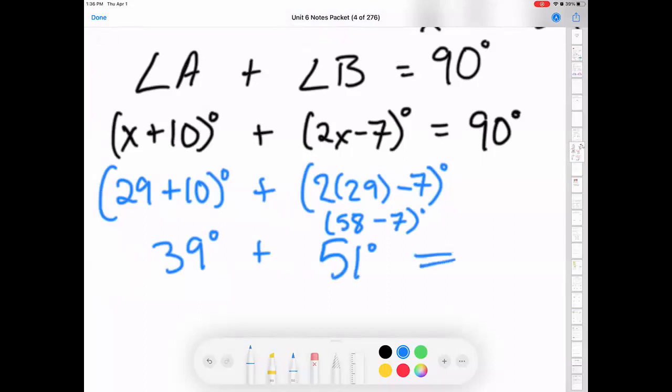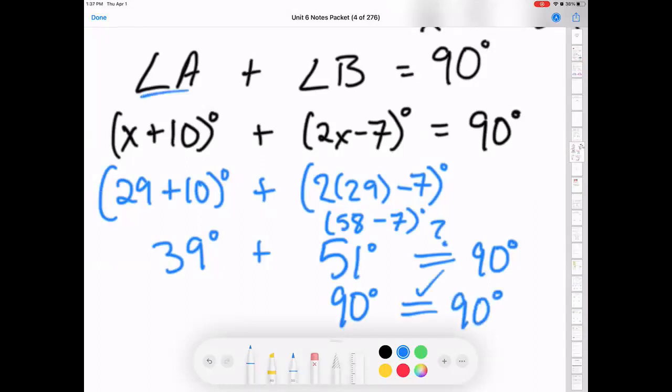The question becomes, does this in total become 90 degrees? Well, 39 plus 51 does combine to give us 90 degrees. So yes, this is equal to 90 degrees. As a result, angle A we calculated to be 39 degrees, and angle B we calculated to be 51 degrees when we plug in 29 for x.